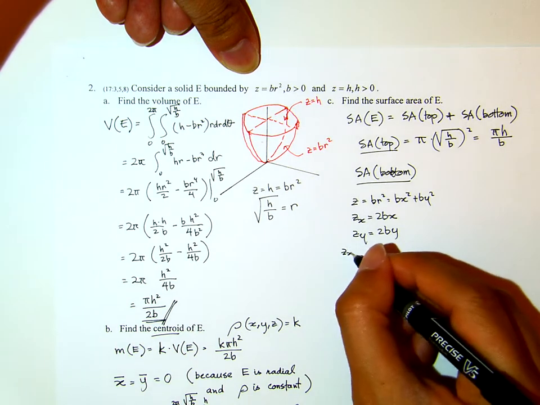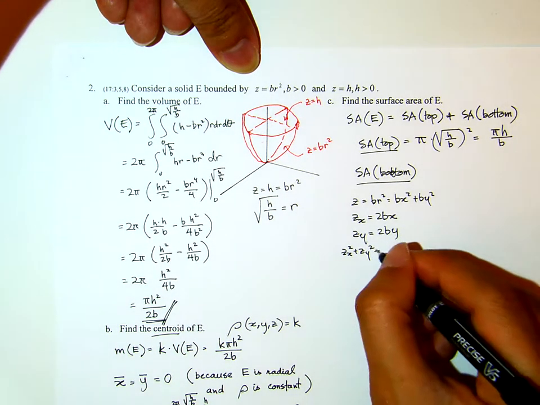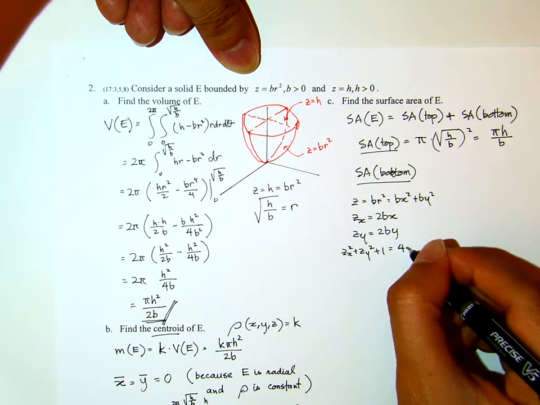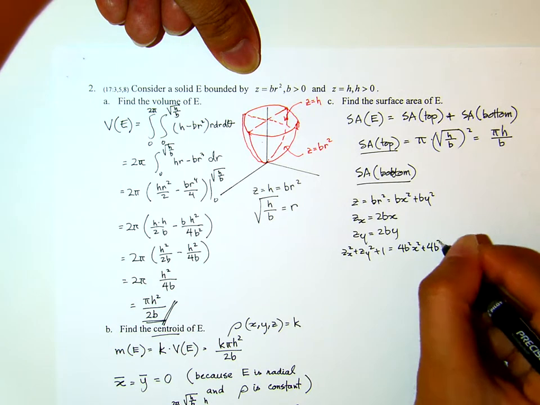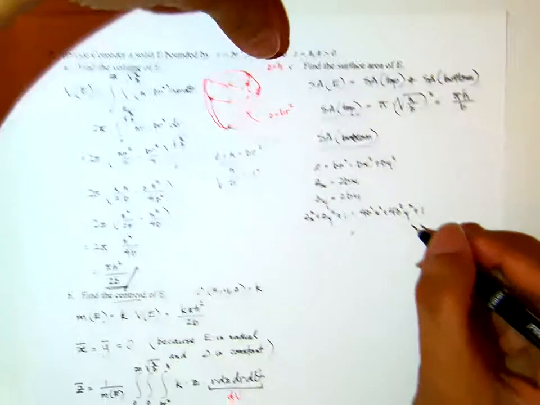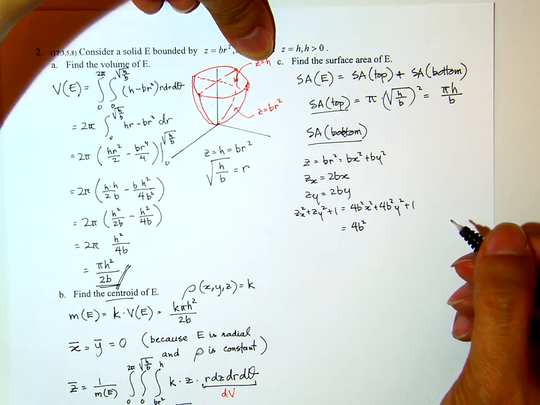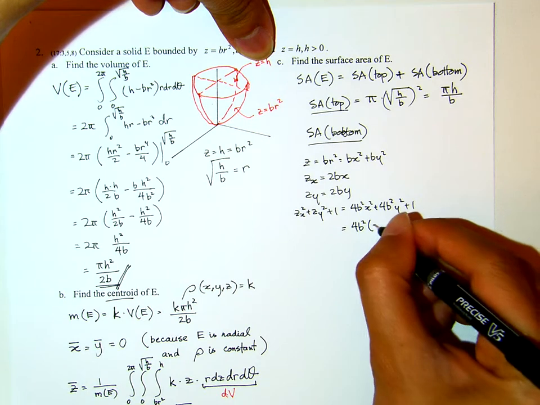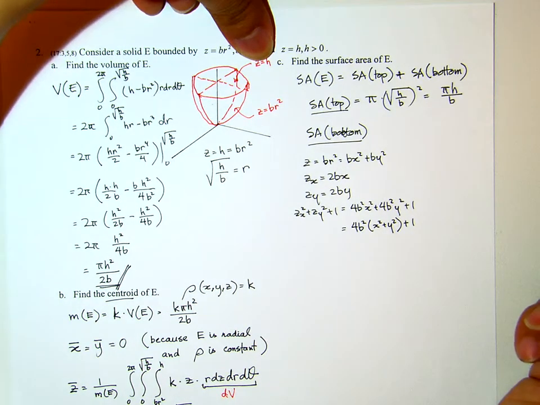So z sub x squared plus z sub y squared plus 1 equals 4b squared x squared plus 4b squared y squared plus 1. Or if I simplify, this will be 4b squared parentheses x squared plus y squared plus 1. We expect to use polar later on.